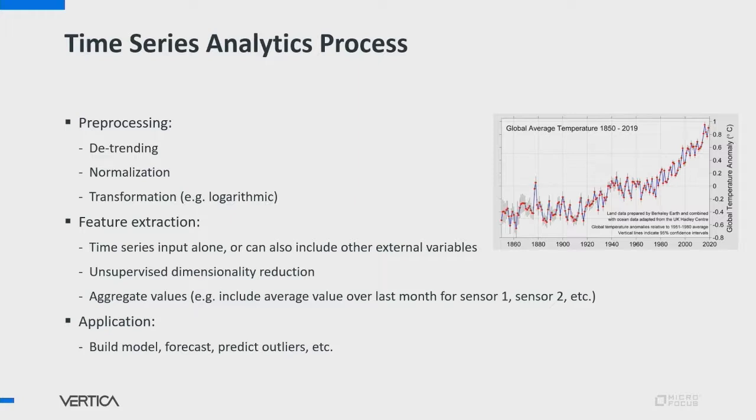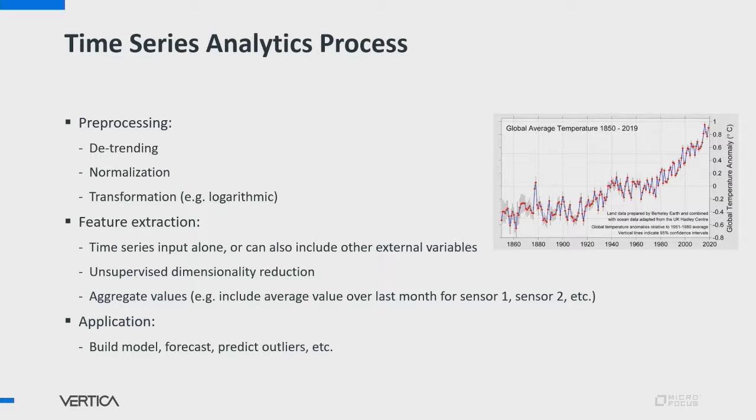But most of the algorithms that you'll feed the time series into would assume that it's already detrended. So that's a part that you'll have to do as part of your pre-processing. Then if the series is not normalized, you'll have to normalize that data. Then there are some transformations that you might do, logarithmic transformation or some others, and some other steps that you could possibly do within pre-processing.